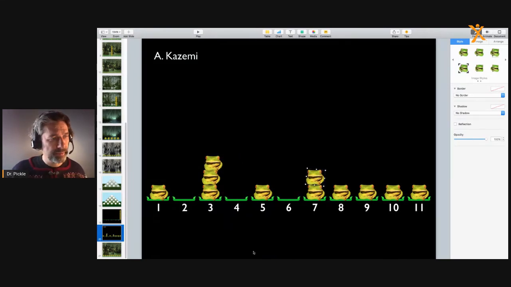Okay. So I can leave that with you. That is a question: if Kazemi has come up with an example 11 frogs long, or if this is not impossible. So that's a question.